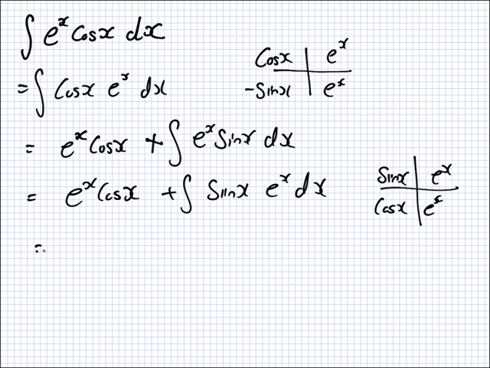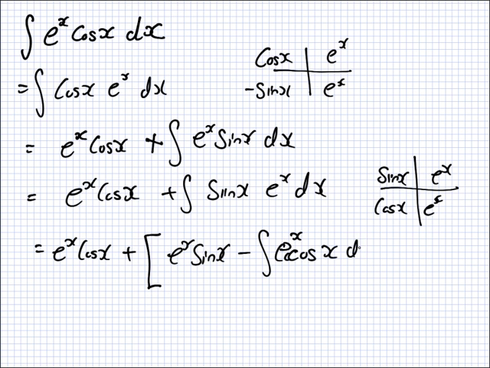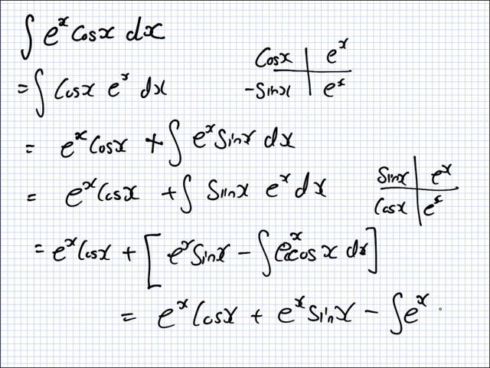So this will equal e^x cos x plus e^x sine x minus integrate cos x e^x dx. You are asking how do you break the cycle because you're back here. Now you need to remember that this is equal to this.